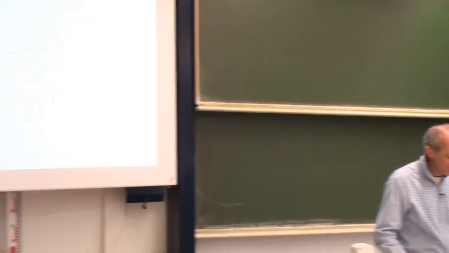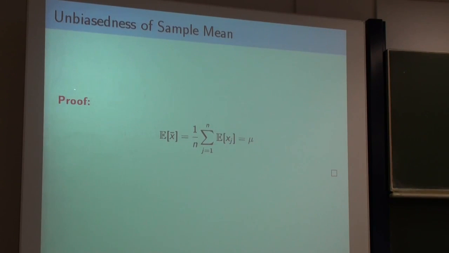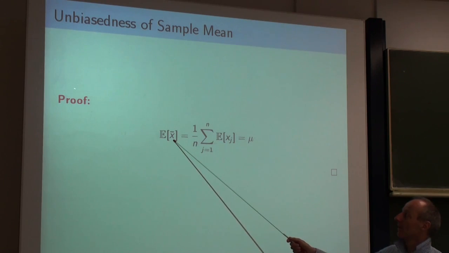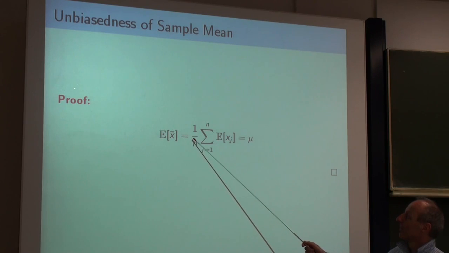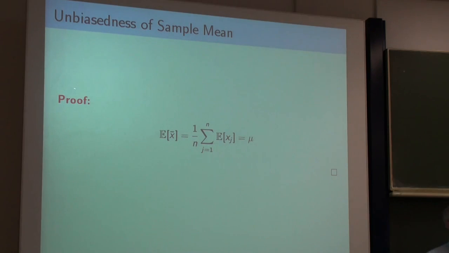Here we have a proof of the unbiasedness of the sample mean. What do we have to show? We have to show that the expected value of the sample mean is equal to the mean of the underlying distribution. So we calculate the expected value of the mean, and we can pull this expected value into the sum, because the expected value of a sum is the sum of the expected values, because of the linearity of the expected value.